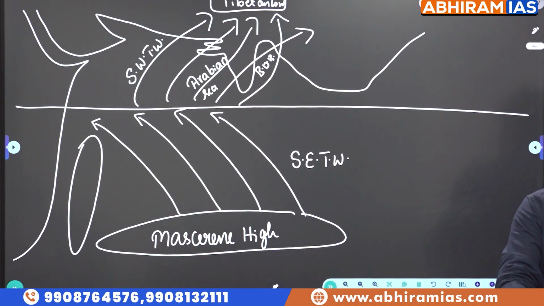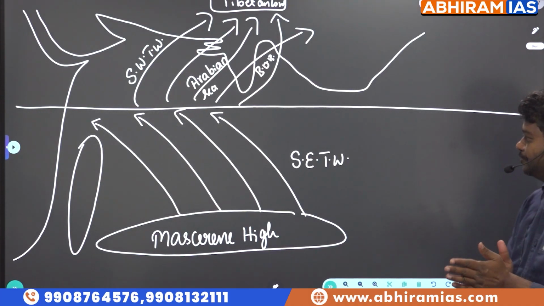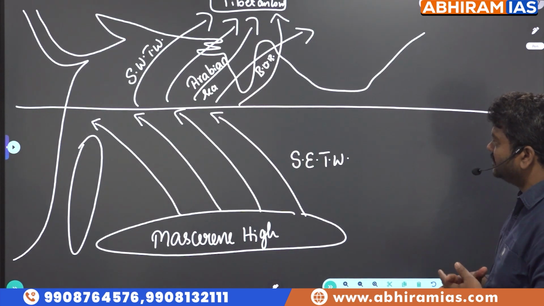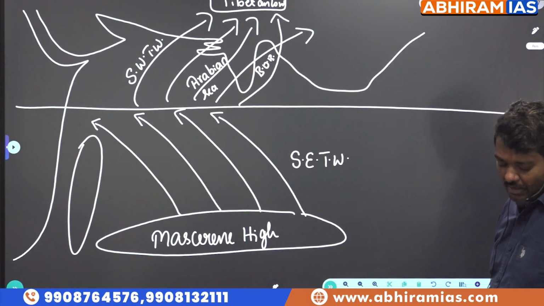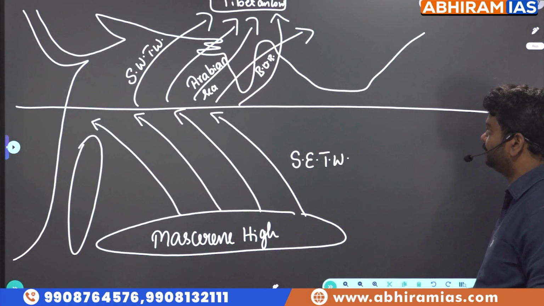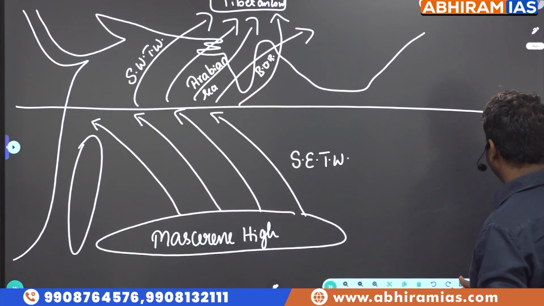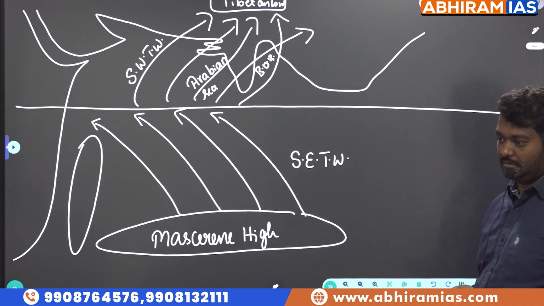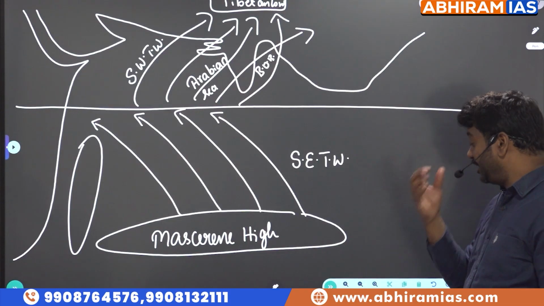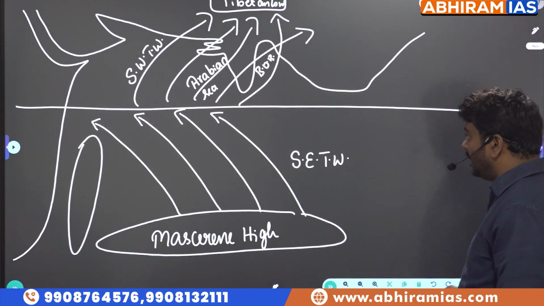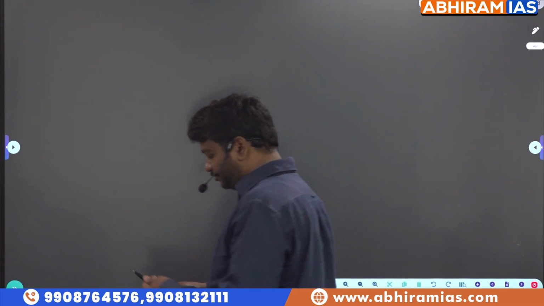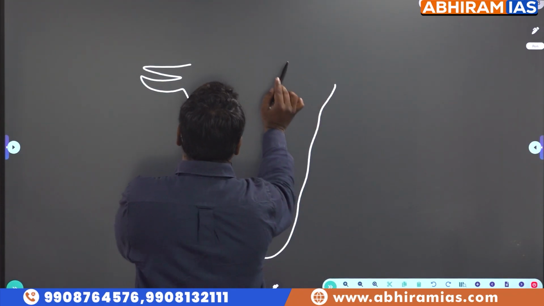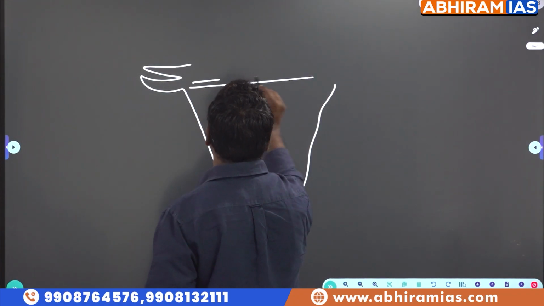After crossing equator, it is known as southwest trade winds, and enter into India as Arabian Sea branch and Bay of Bengal branch.